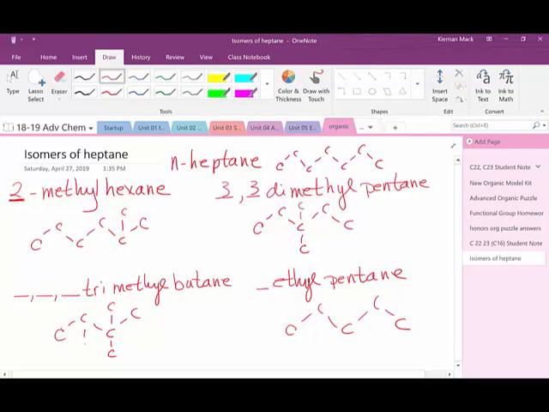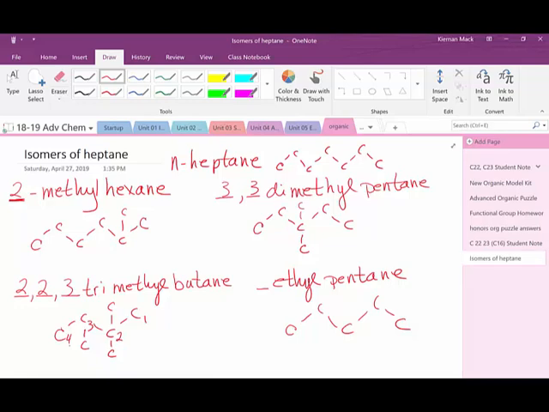So it has to go on the next one. So this is going to be 2,2,3-trimethylbutane. So first carbon, second, third, and fourth carbon. And that's going to be the only trimethylbutane that we would have.